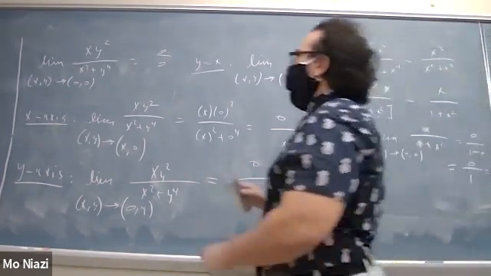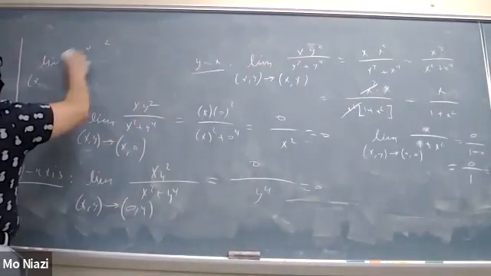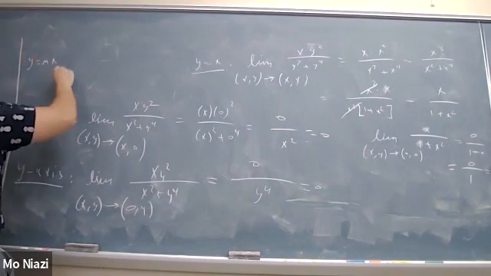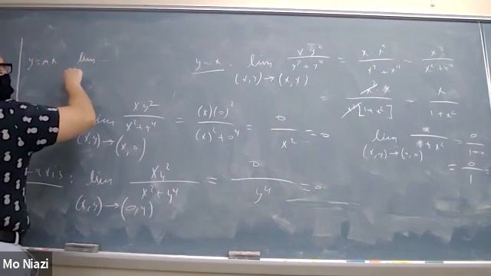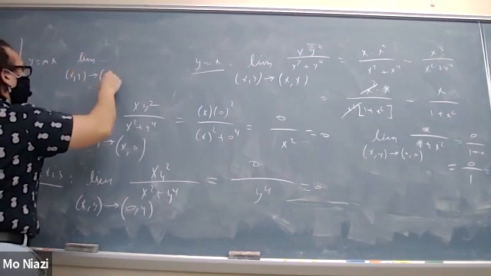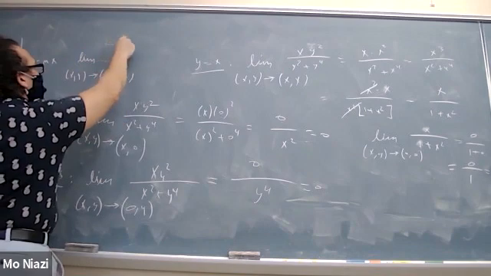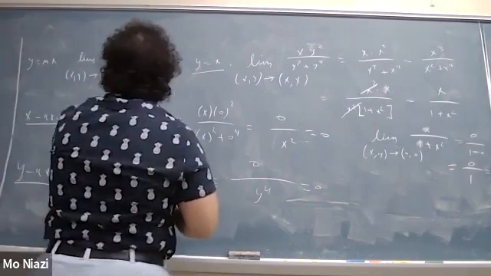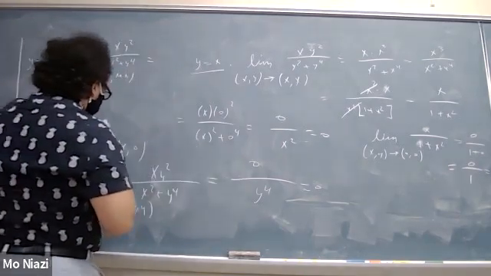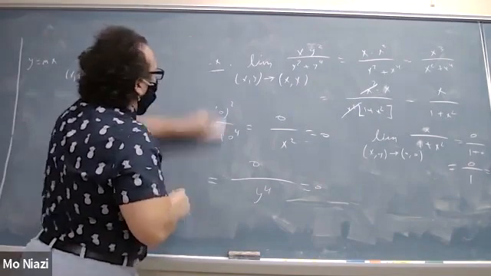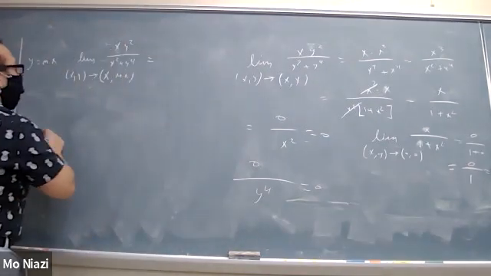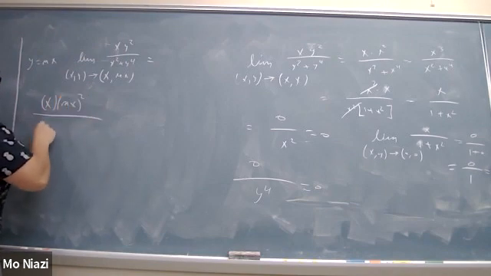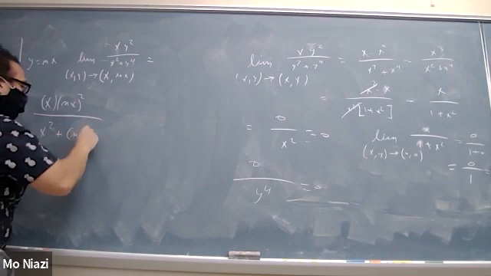You could actually even plug in y equals mx. Let's approach it along the line y equals mx, even more generally. With x and y equals mx, x times y squared over x squared plus y to the 4th ends up equaling x times mx squared over x squared plus mx to the 4th.